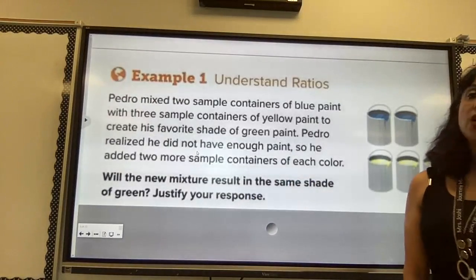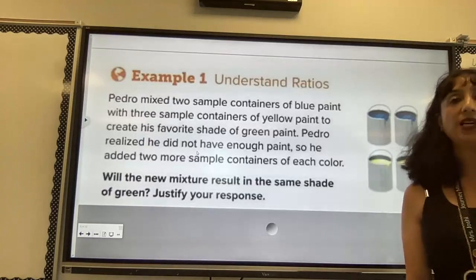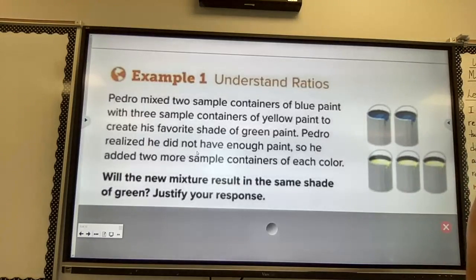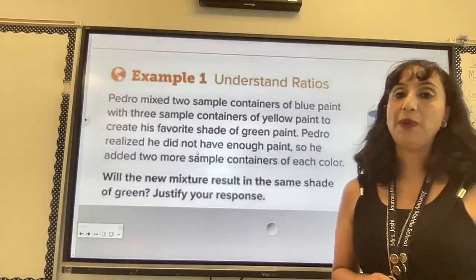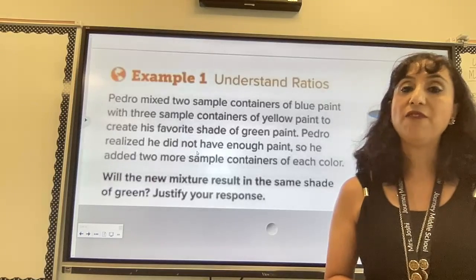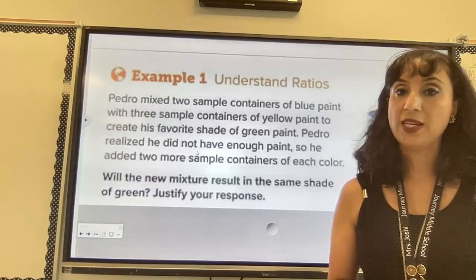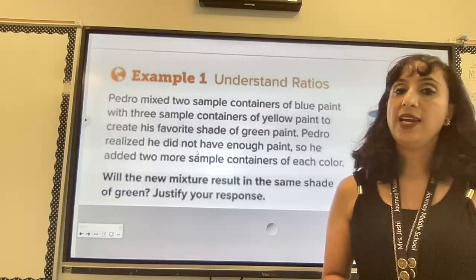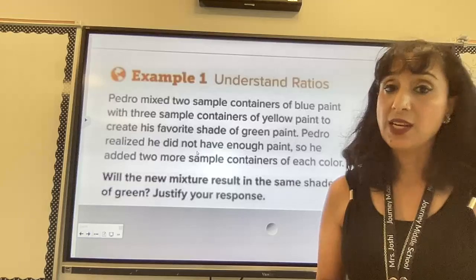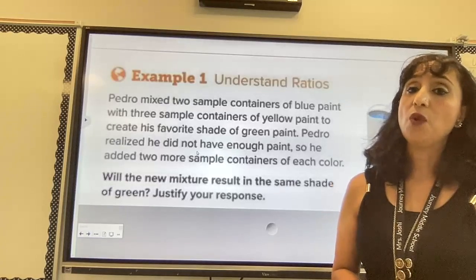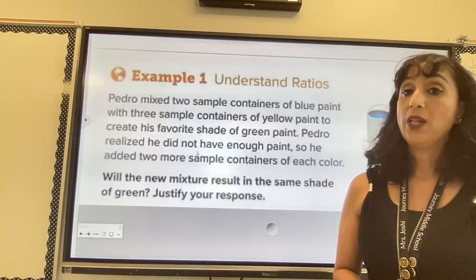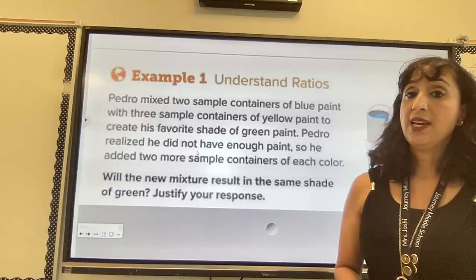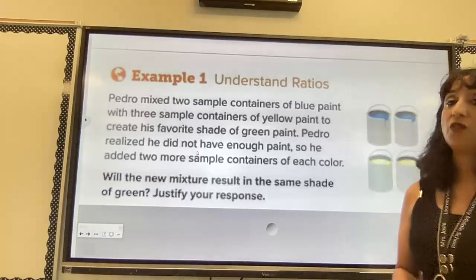Pedro mixed 2 sample containers of blue paint with 3 sample containers of yellow paint to create his favorite shade of green paint. Pedro realized he did not have enough paint, so he added 2 more sample containers of each color. Will the new mixture result in the same shade of green?